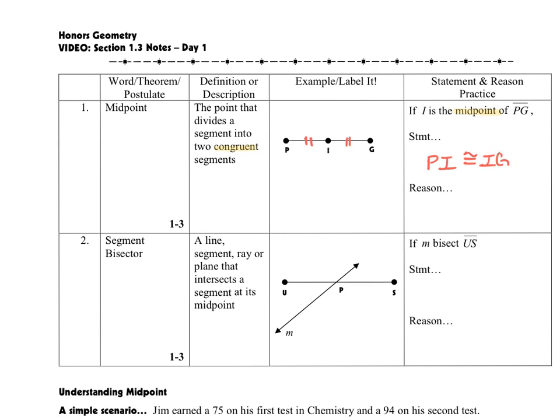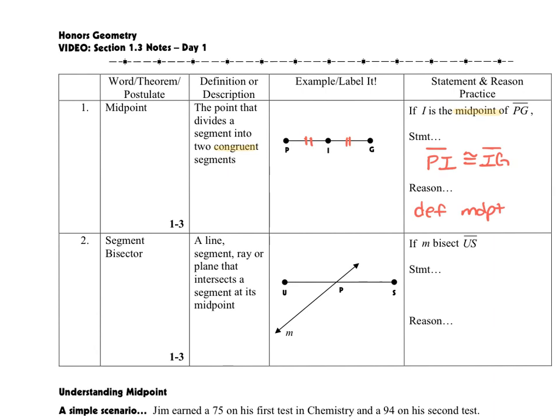If we are using a congruent symbol, we want to put the bars on the top. So this statement here would go with this piece of given information. And then the reason that we would write is def for definition, and then we can abbreviate the word midpoint, for definition of midpoint. Of course, like I said last time, you could write all those words out if you wanted.